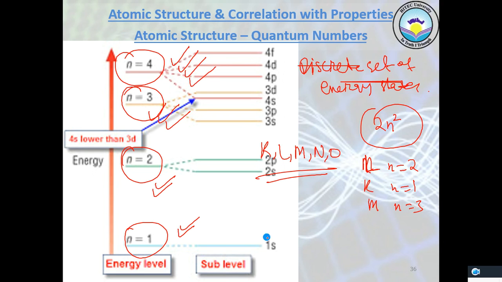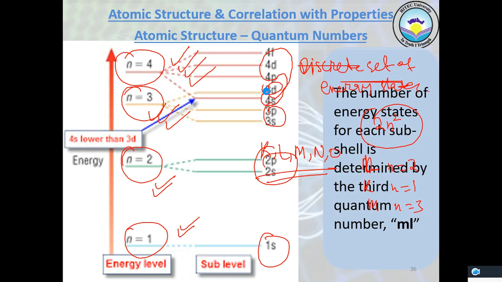So we can see the first energy state has one subshell, the second energy state has two subshells, the third energy state has three subshells, and the fourth energy state has four subshells.